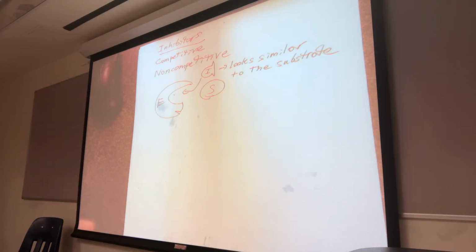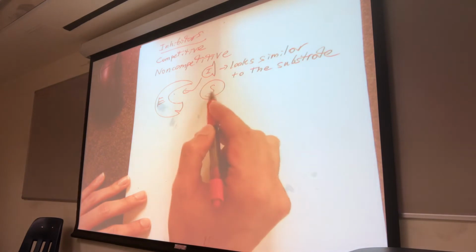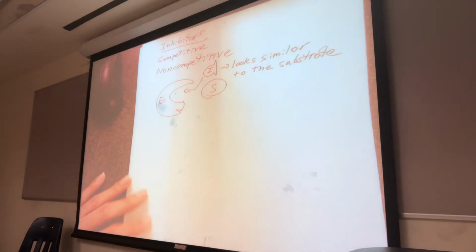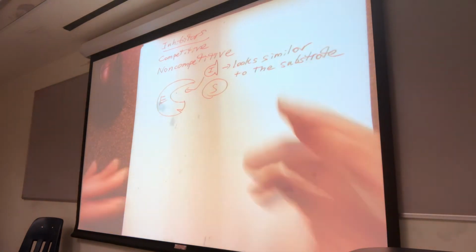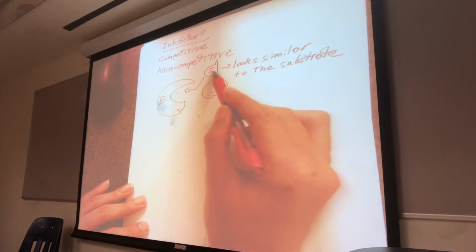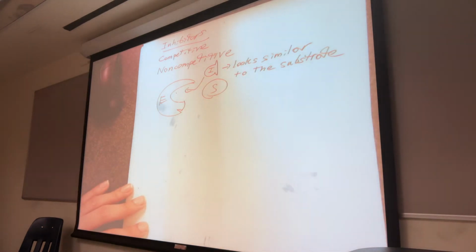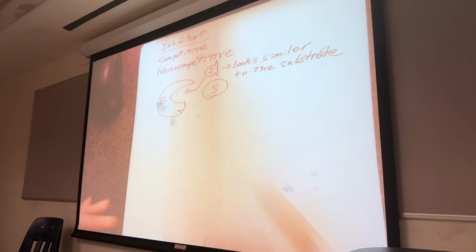But what a competitive inhibitor does, again, is that it competes with the substrate for the same spot on the enzyme, which is the active site. And in order for it to do that, the competitive inhibitor must look very similar to the substrate. What does this end up doing? Well, if the competitive inhibitor binds to the active site, the enzyme is unable to catalyze a reaction with the substrate. So you are inhibiting the reaction. The speed of the reaction is going to go down.